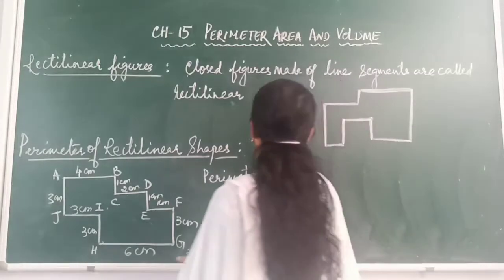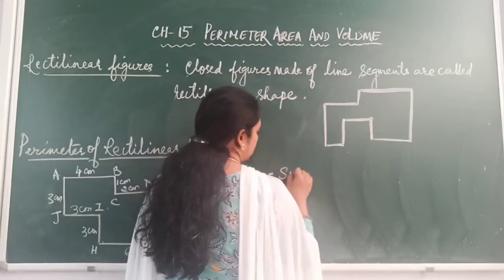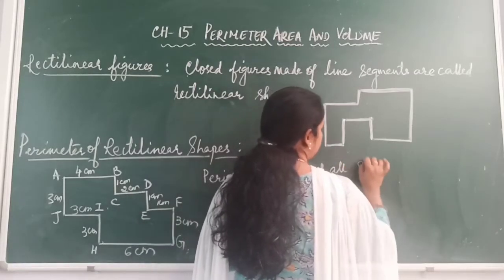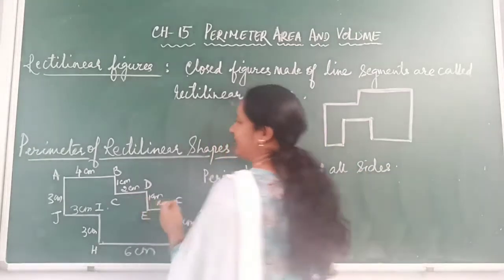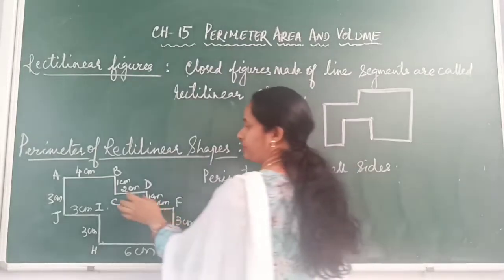So we can simply write in common that the perimeter is the sum of all sides. Then what will be the sum of all sides? It will be the sum of all the line segments of this particular given figure.